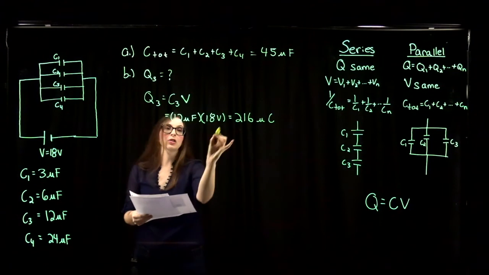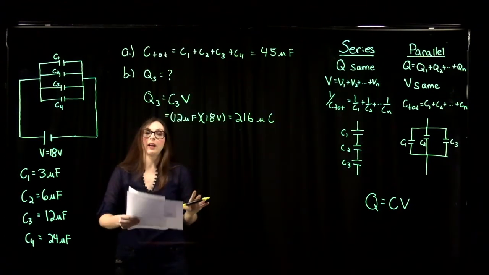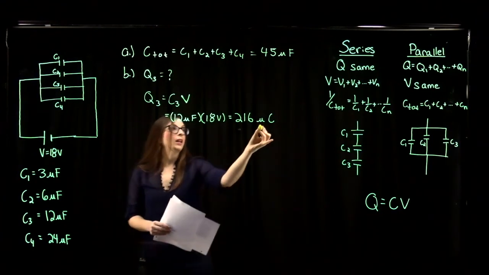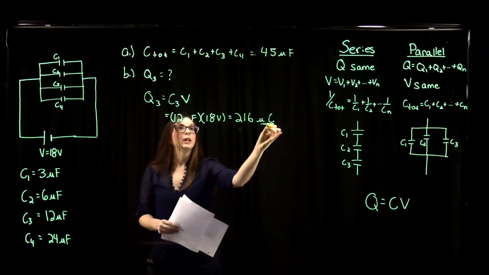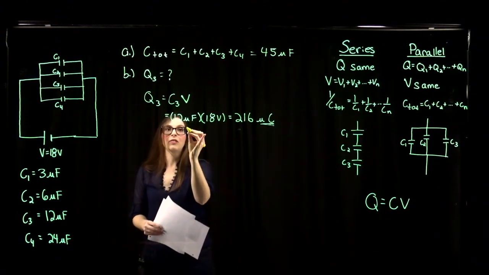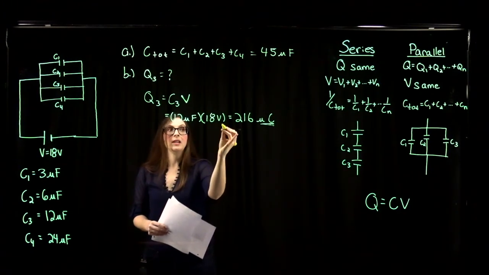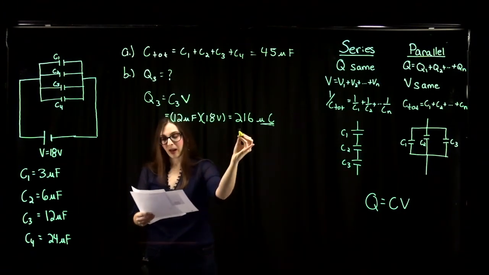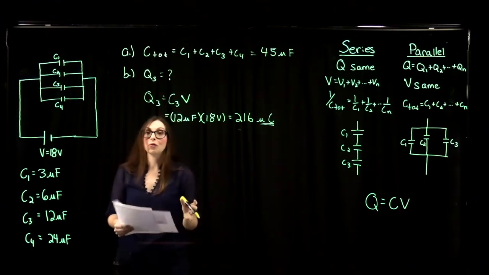So I can just actually do this multiplication right here without converting anything, and I would get an answer in microcoulombs. Now, if you wanted to get your answer in coulombs, then you would have to write microfarads as 12 times 10 to the minus 6 farads, then multiply it by 18 volts. And in that case, you would get 2.16 times 10 to the minus 4 coulombs for the charge.